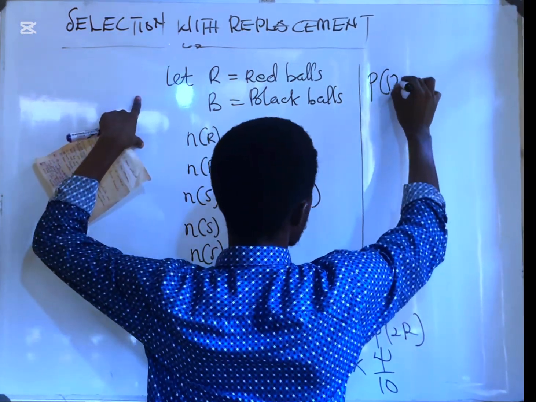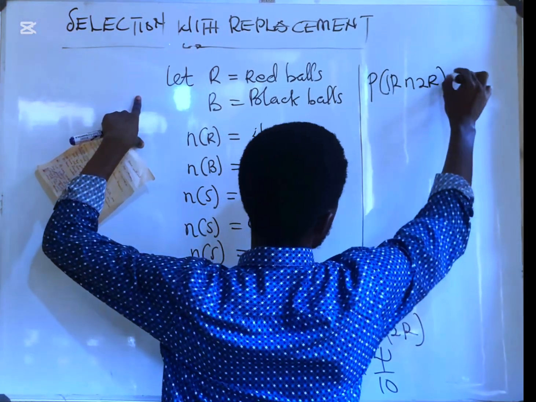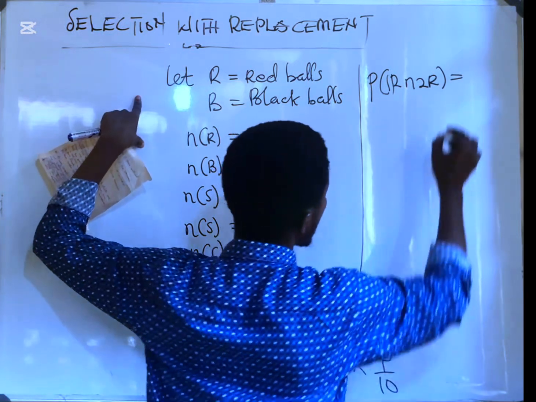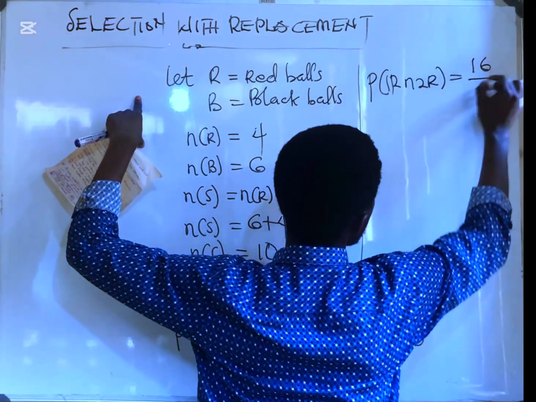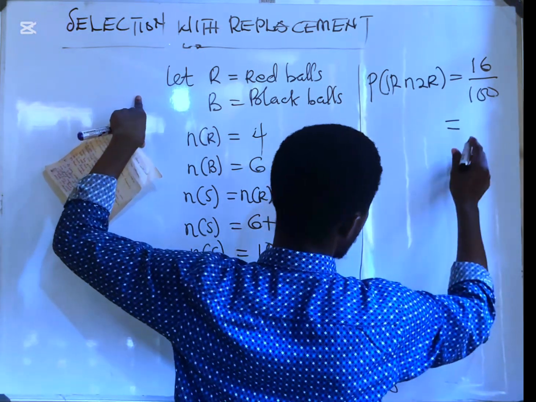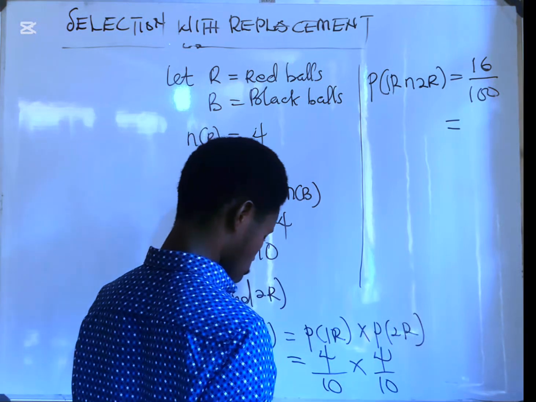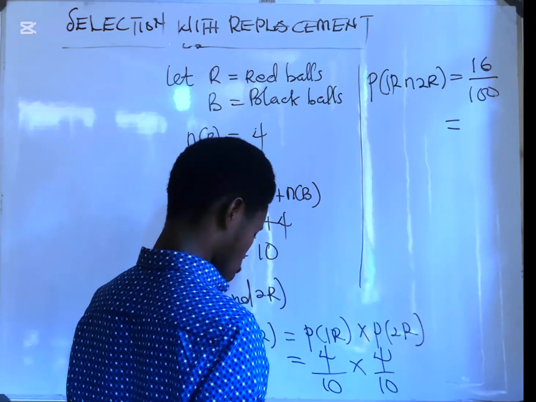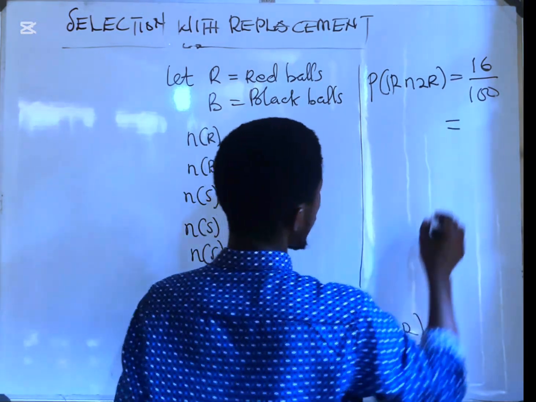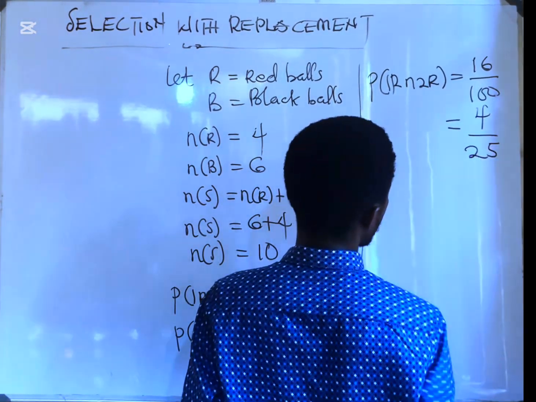first ball to be red, intersection, second ball to be red, will be 16/100, which can be written as 4/25.